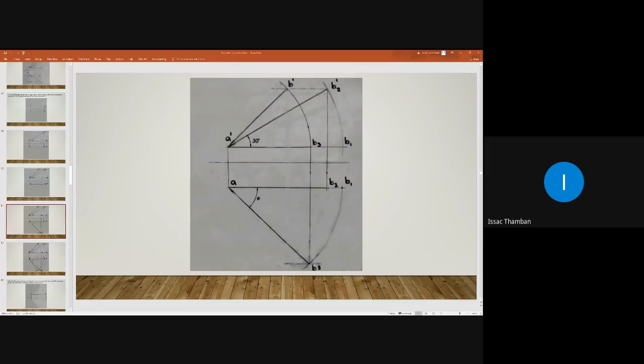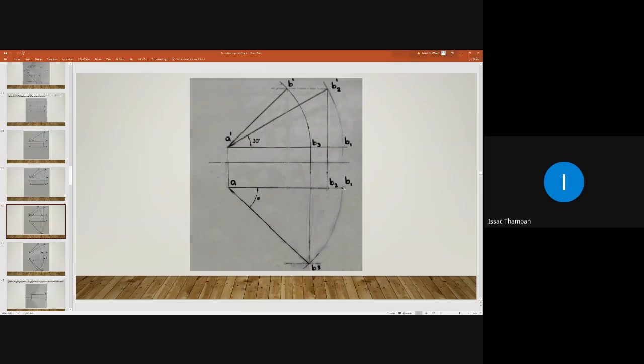Hanna, what is the true length given? Yes, what is the true length? 90 millimeter. So take 90 mm in your compass. Here A dash B3 dash is parallel to HP, so in the plan it should show that 90 mm.